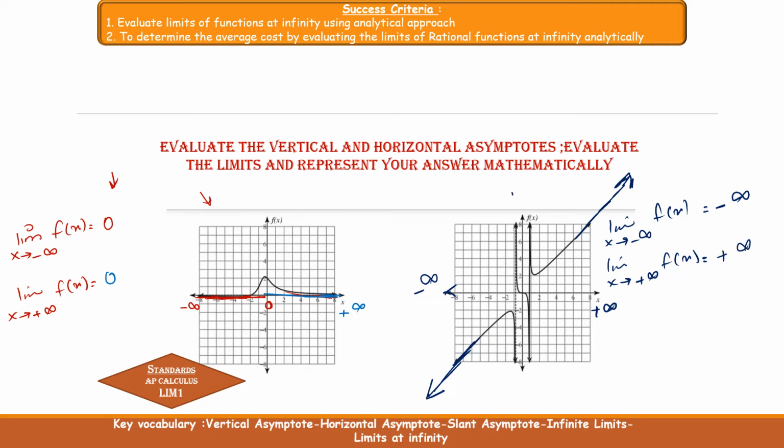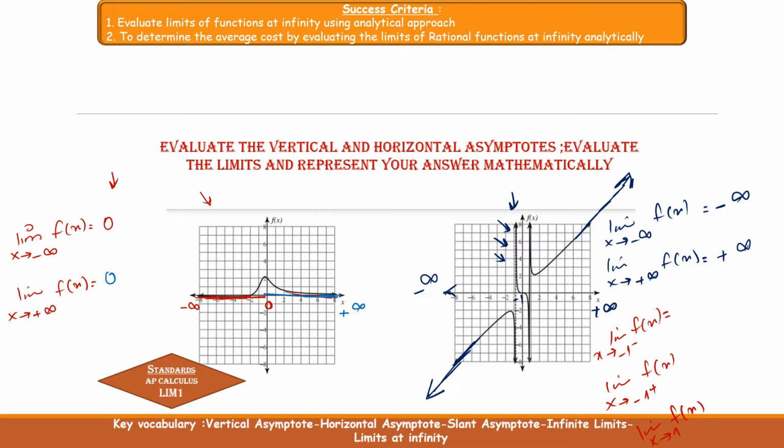Now in this graph, you can clearly see that there is a vertical asymptote at negative 1. So you can write the limit of the function when x is approaching negative 1 from the left side and also from the right side. For a vertical asymptote, we write from both sides.